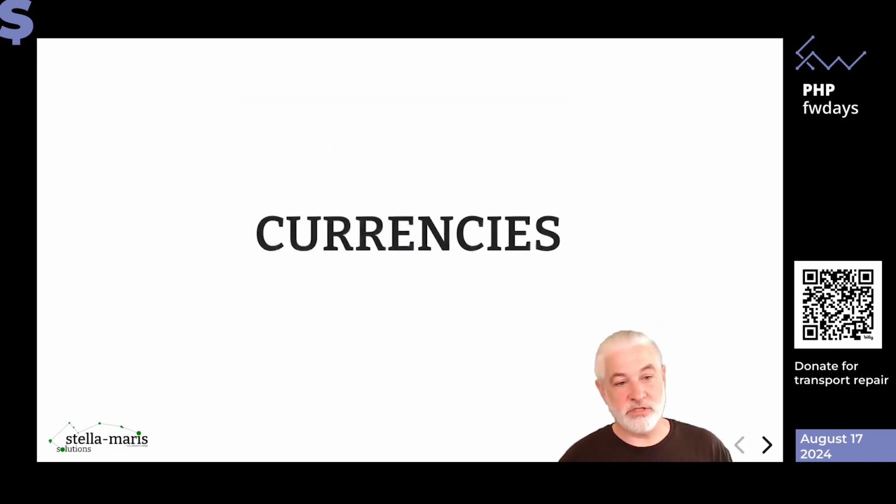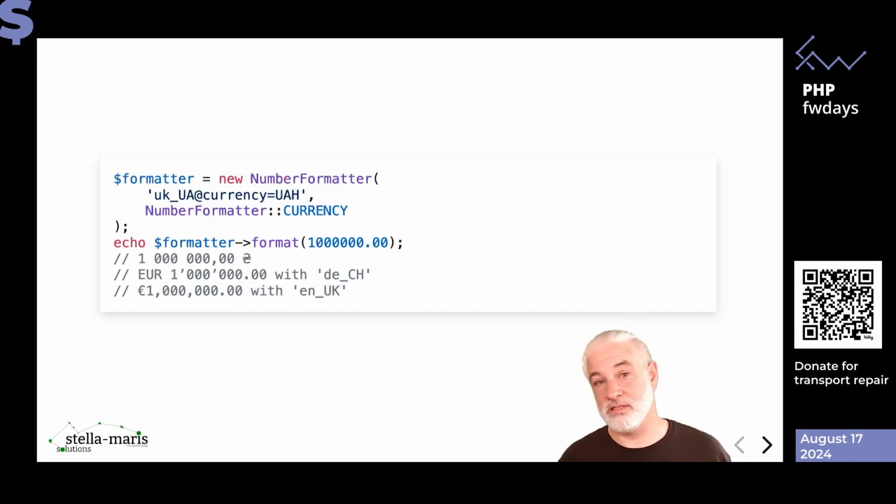Which brings us to currencies. For currencies, there is also a number formatter. Well, it's the same number formatter as before, just this time with specific information. Yes, we want to use currency here. Again, Ukrainian currency, UAH, and then when you format the 1 million, you get that formatted according to the Ukrainian formatting rules. If you use the formatting rules for Swiss German, you get 1'000'000.000 with the euro in front.